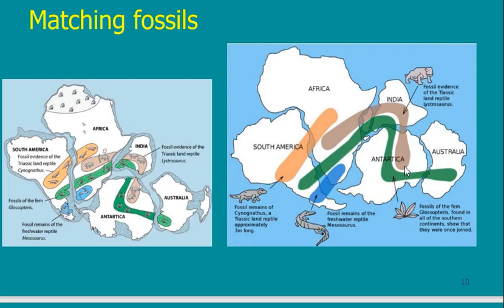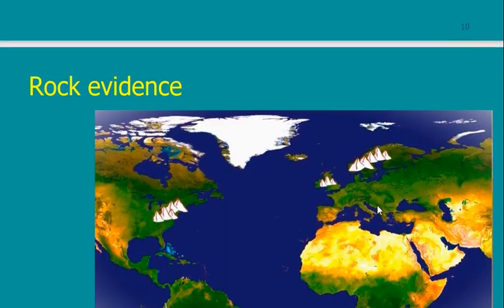How come this happened? Similar to Australia and so on. So he went to these places, gathered data as much as he could, and he proved that here is similar to here, similar to here, similar to here, and so on. So this is a very good evidence.